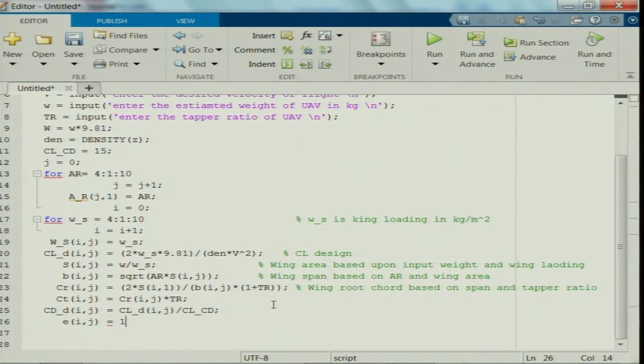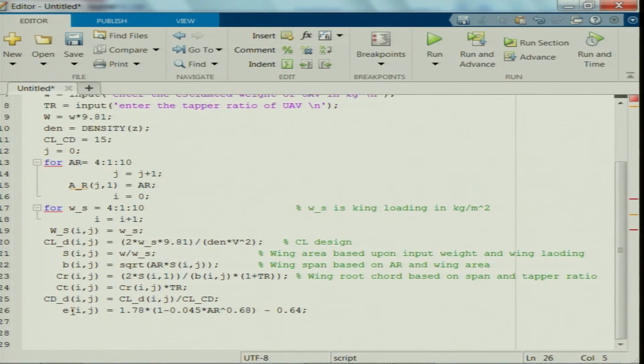So, aspect ratio is a variable here, so every time it will try to find out the new E.